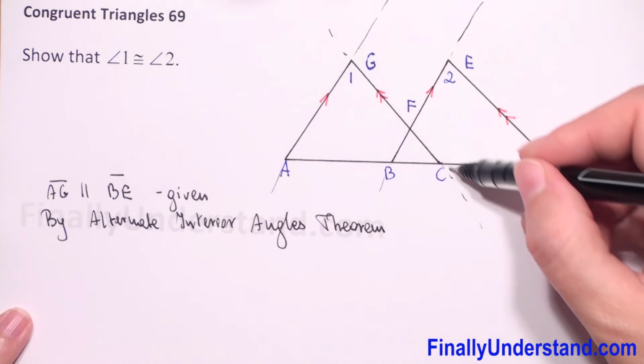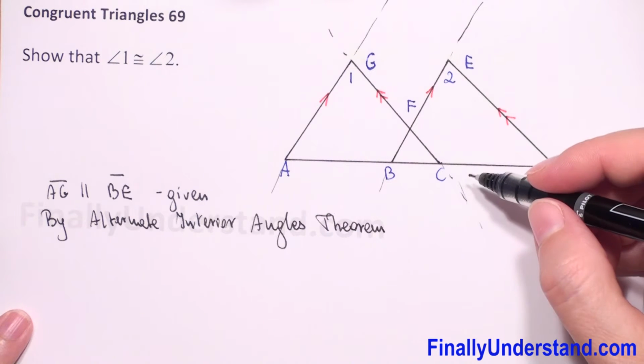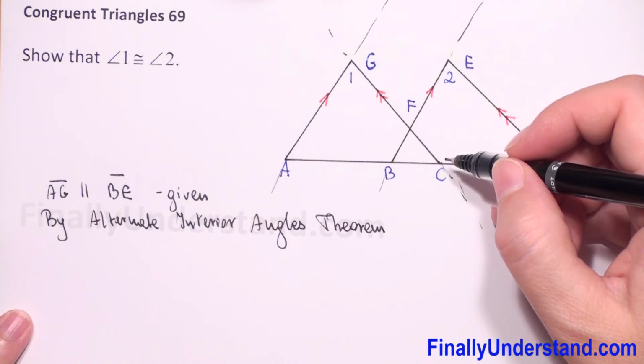This is our transversal. Then alternate interior angles are congruent.